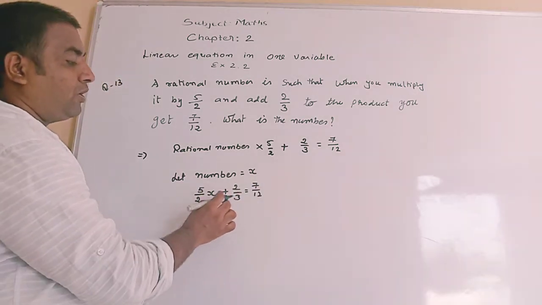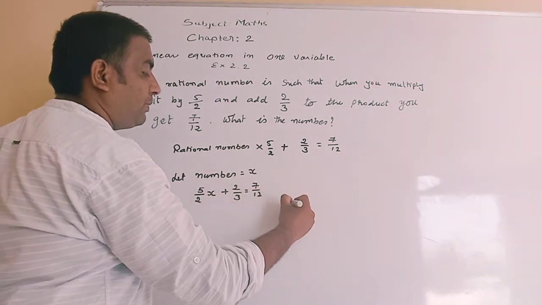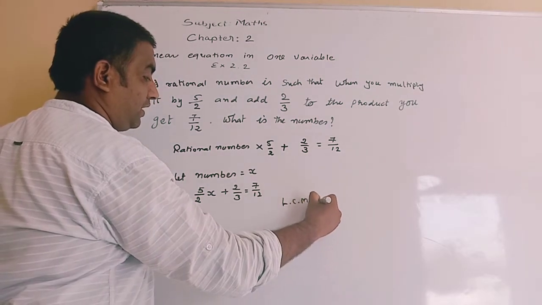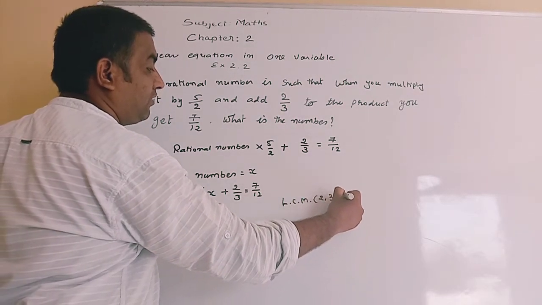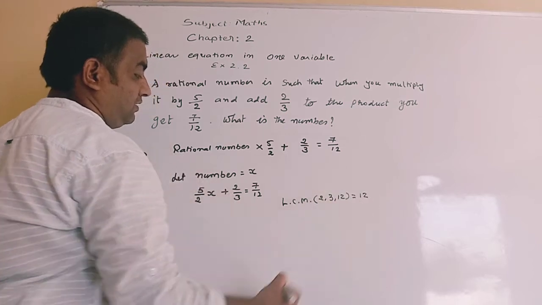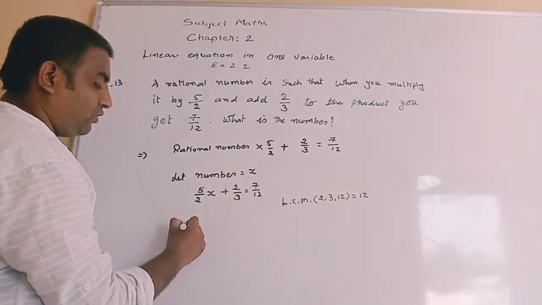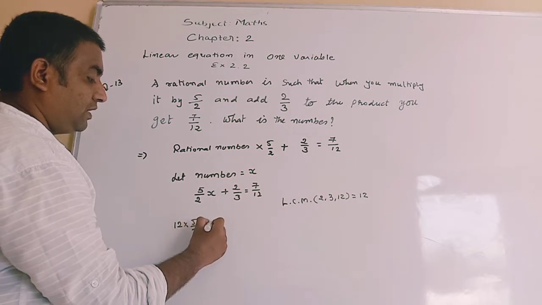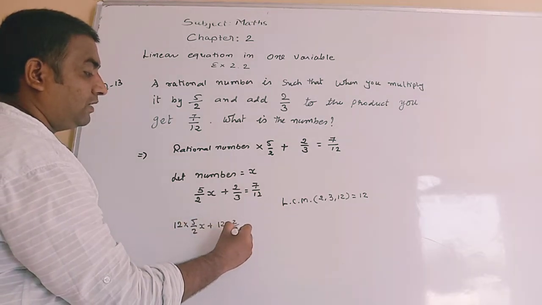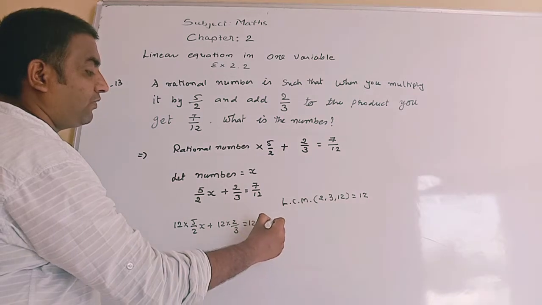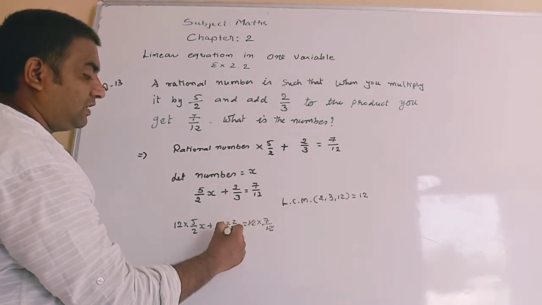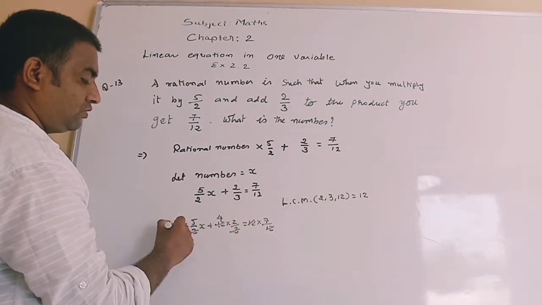So your fraction format and denominators are different. So take the LCM, that is LCM of 2, 3 and 12 is 12. So we multiply by 12 to each term: 12 into 5 by 2 x plus 12 into 2 by 3 equals 12 into 7 by 12. So 12 cancels, 3 4s are 12, 2 6s are 12.